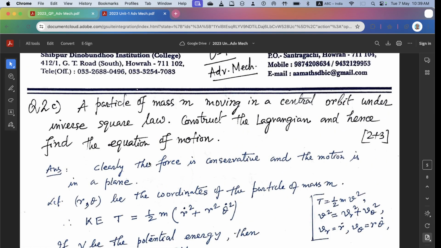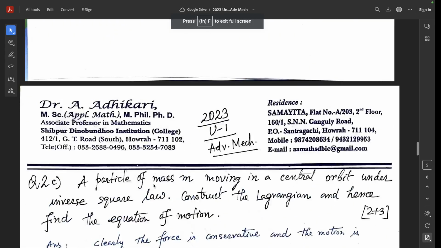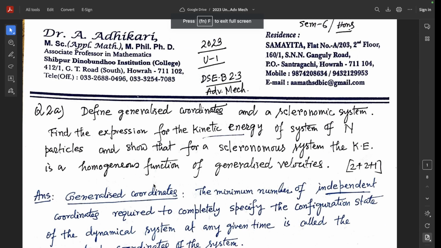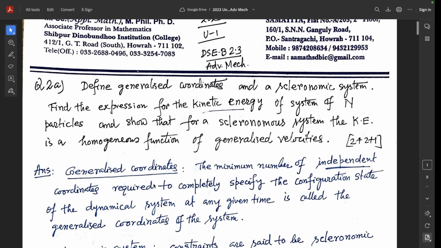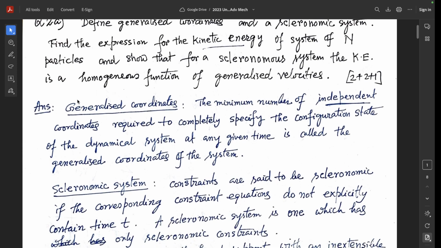The solution of Unit 1, 2023. Generalized coordinates: the minimum number of independent coordinates required to completely specify the configuration state of the dynamical system at any given time is called the generalized coordinates of the system.